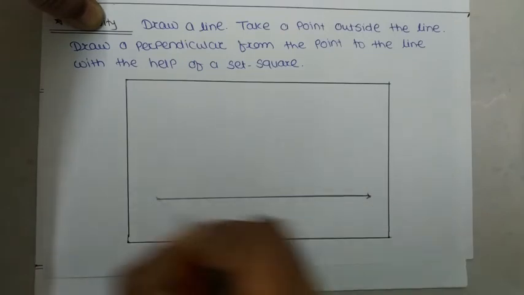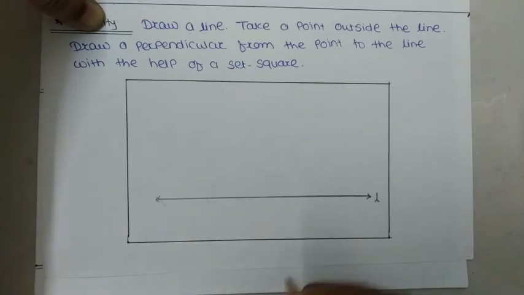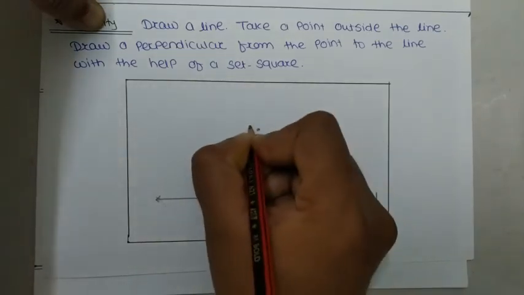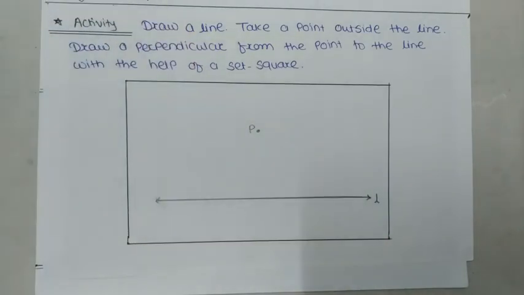Suppose this line is called line L. I put any point outside this line, suppose this point is called P, and we want to draw a perpendicular line with the help of a set square.